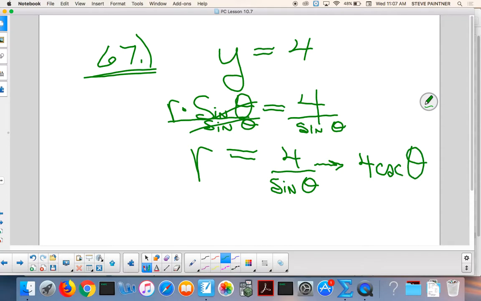How did she get that? Well, 4 over sine is the same as 4 times 1 over sine of theta, and 1 over sine of theta is cosecant of theta. So that's how she went from there to there. Okay?